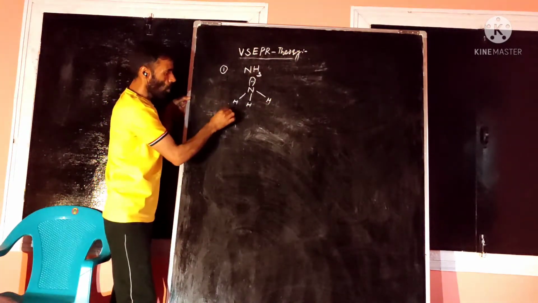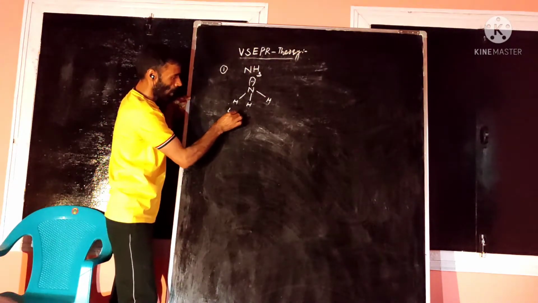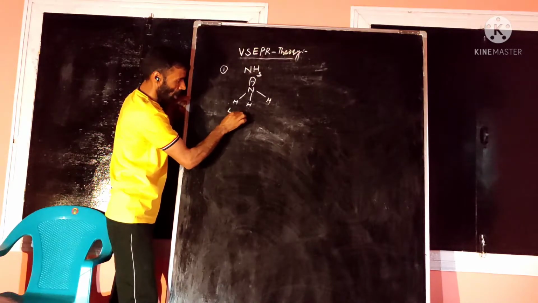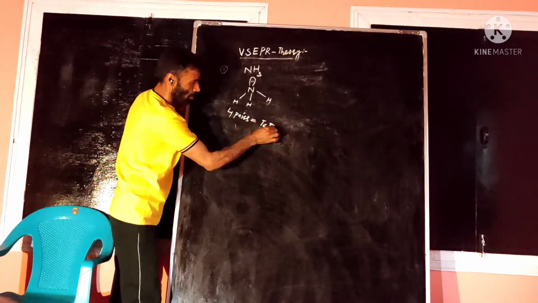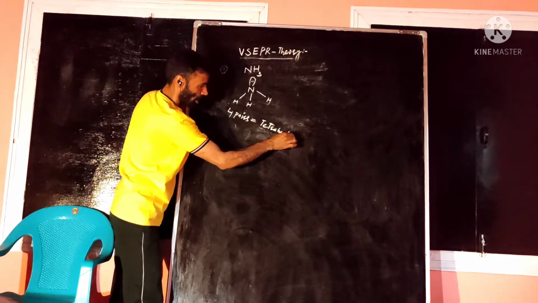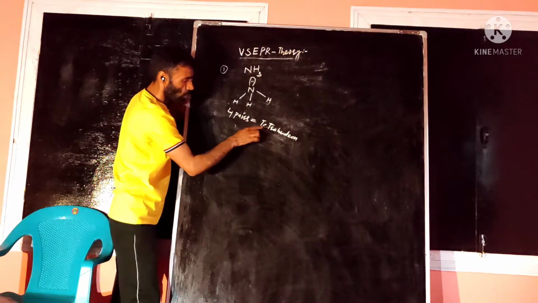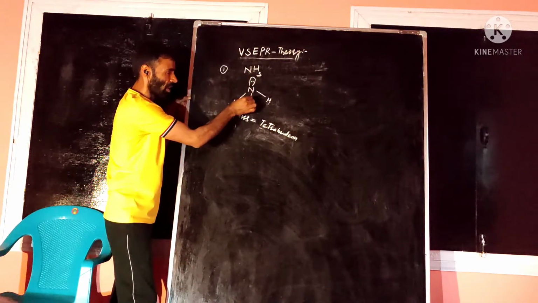First of all, we have 4 pairs. We have to count the geometry like this. For 4 pairs, the geometry will be tetrahedral, but they are not all bond pairs, so some sort of distortion occurs. Now a tetrahedron will not be formed. Why? This lone pair is directionless.